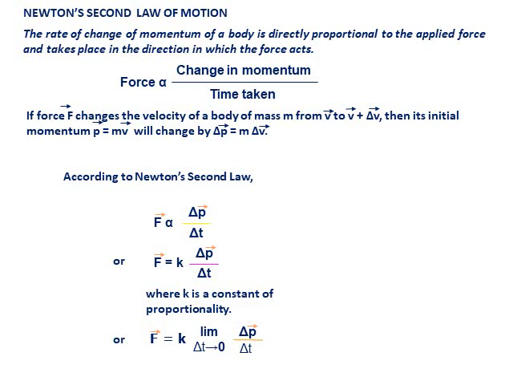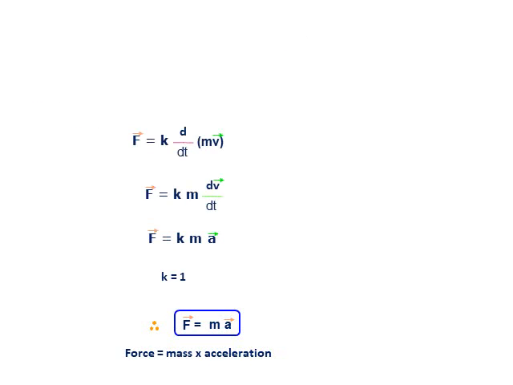Or we can say that F equals k times the limit as delta t tends to 0 of delta p by delta t, and that is equivalent to F equals k into dp by dt.